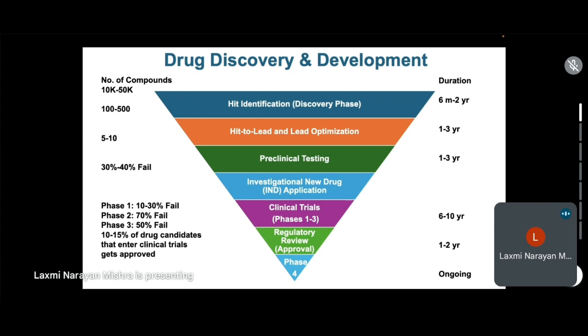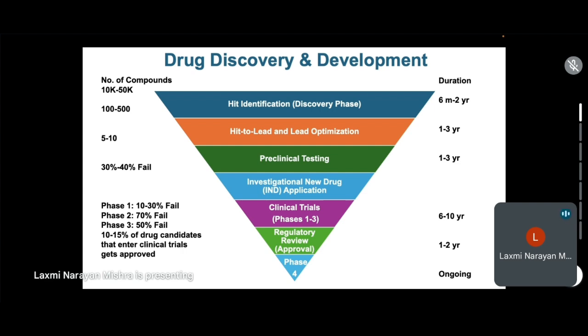So during this process, all the process typically takes 10 to 15 years from the lab where we work for most of our PhD program. It takes 10 to 15 years to reach the market with an average cost of $1 billion American dollars to 2.6 billion US dollars.